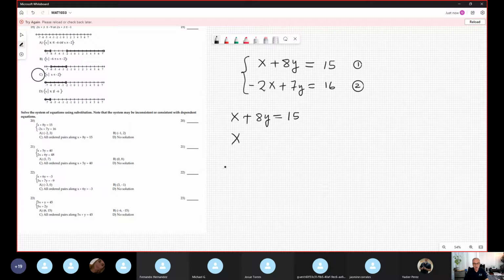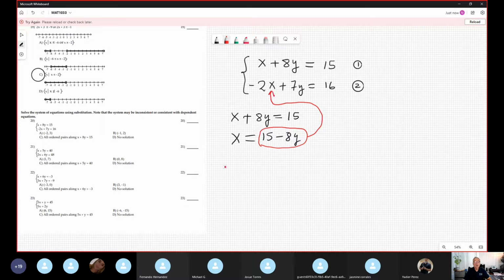So x is equal to 15 minus ay. So you solve for the variable that contains coefficient 1 or negative 1. Now, important moment. This expression, you replace, that is the substitution, for the x in the other equation.